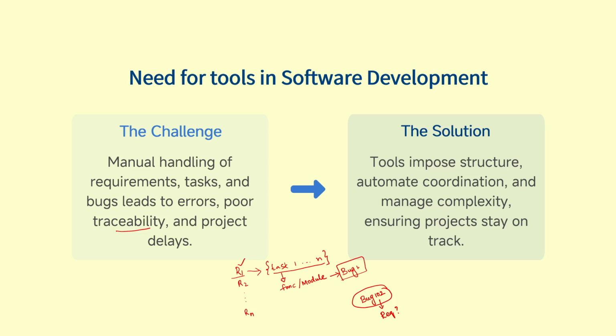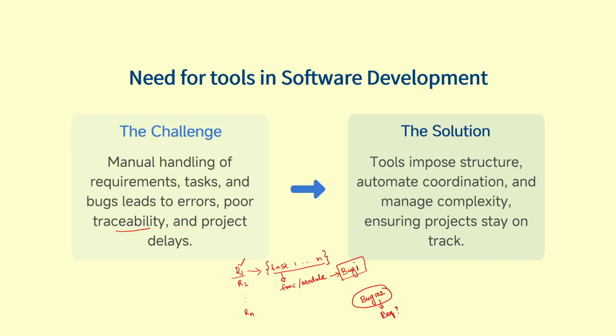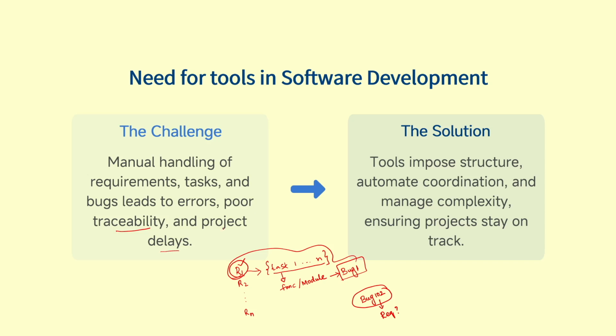When I want to understand what this bug is, why it has arrived, or to which requirement it is associated with, I have to trace back the entire life cycle and check that this is with respect to R1. So, if you have everything in a manual way, in, say, Excel sheets or on plain paper, this is going to be a very complex area. And this may also delay the project, identifying those things.